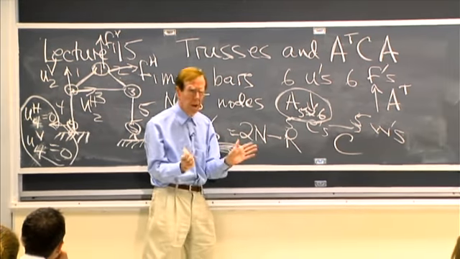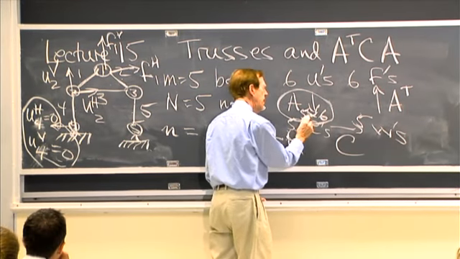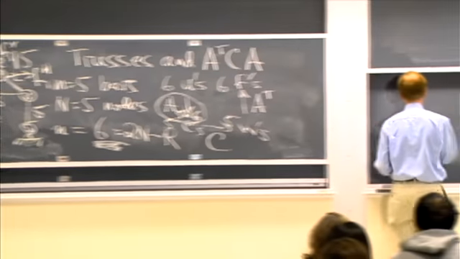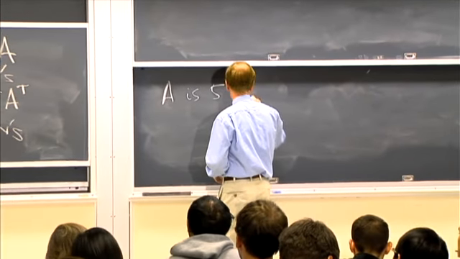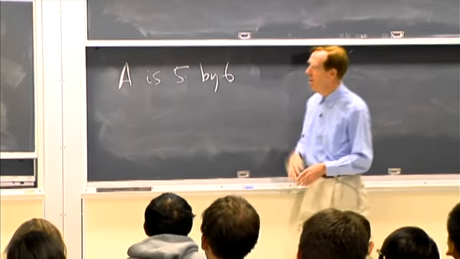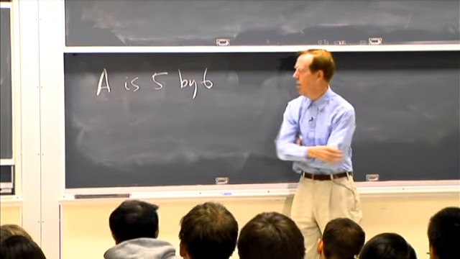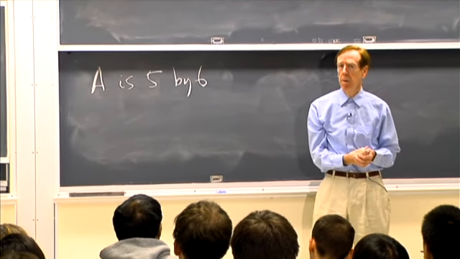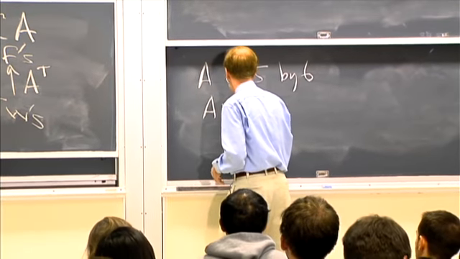Well, purely for linear algebra reasons. The matrix A is 5 by 6: 5 rows, as always, for the m, and 6 columns, because now we have 6 unknowns. And what do I know about any 5 by 6 matrix? I want to ask about the equation Au equals 0.